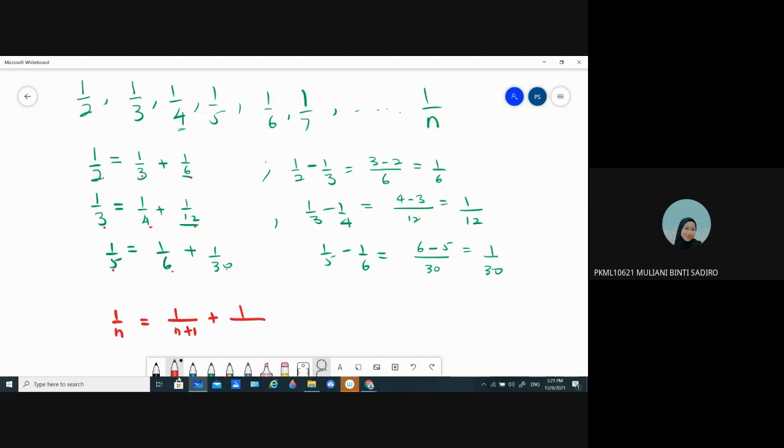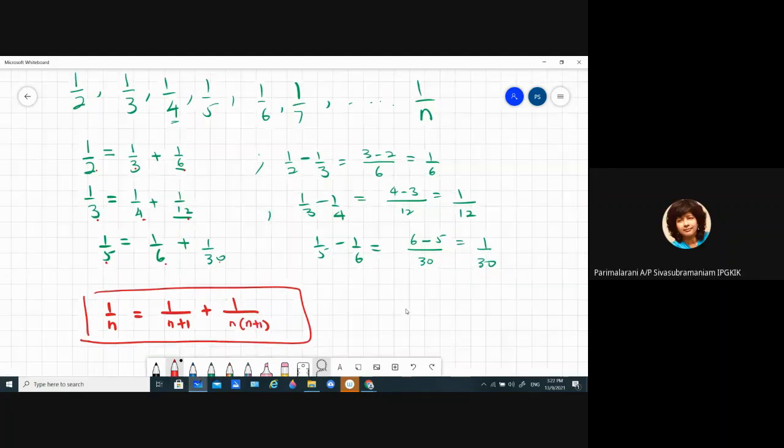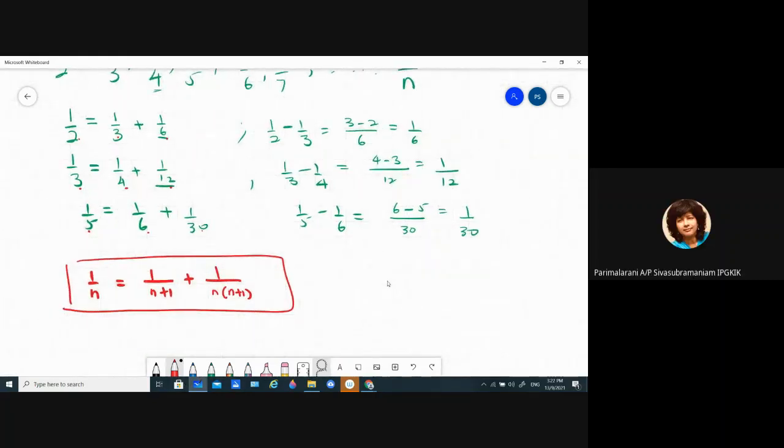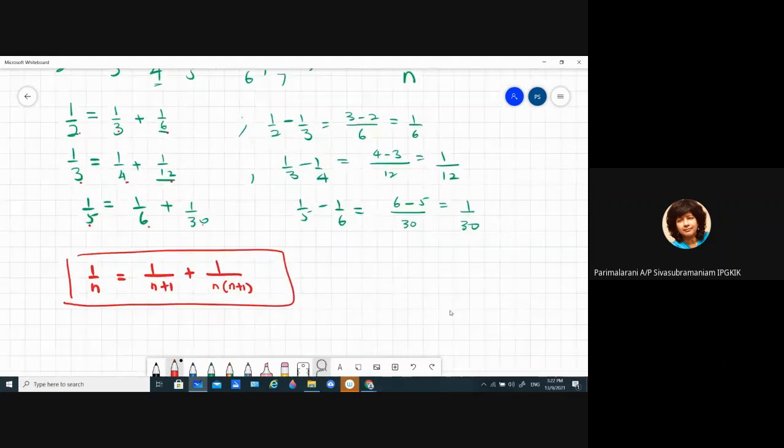So this will be n times n plus 1. Okay, so we can use this formula to find unit fractions for any unit fraction, but this formula is for unit fractions. So we have developed this formula.